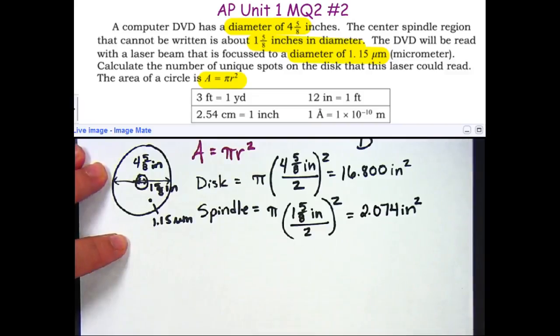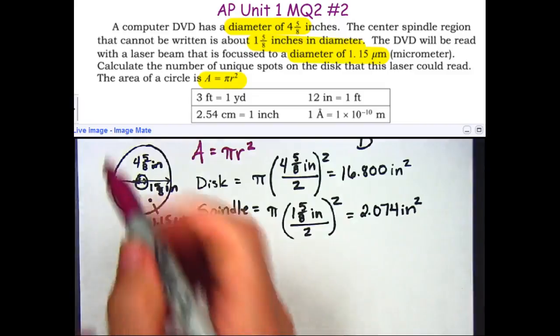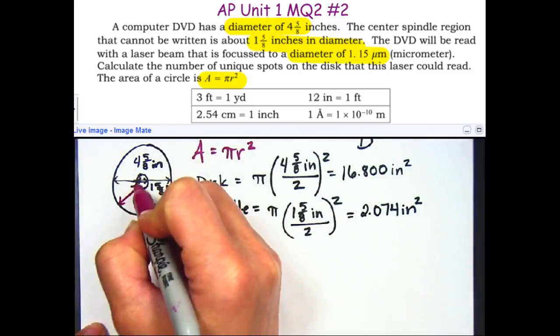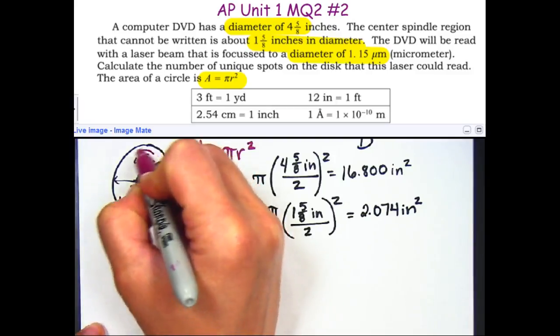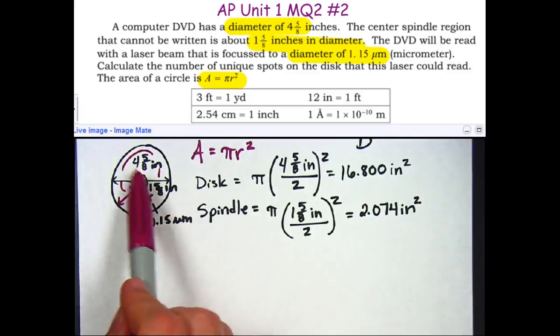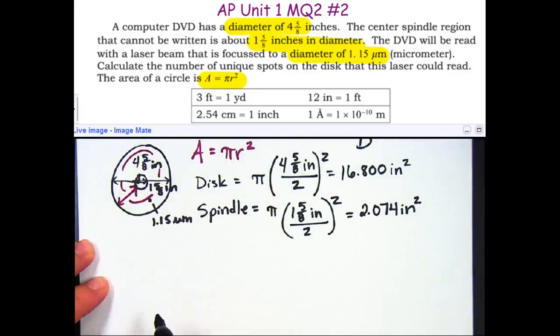Now, I need just the space of the disc that the laser will read. So that is just from here to here, all the way around the disc. I need to subtract out this spindle because it's not going to be a section where the laser is going to read.